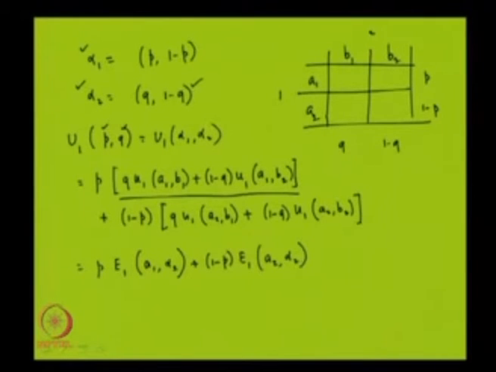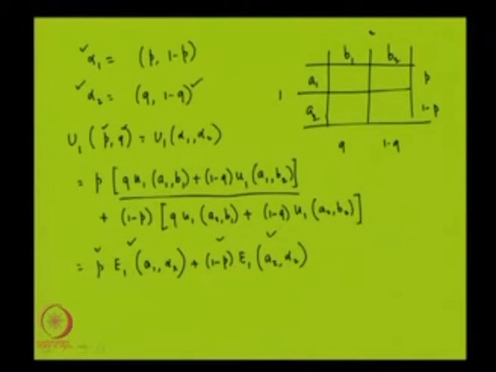So, this is the expected payoff to player 1, which is once again a weighted average, the weights being P and 1 minus P. It is a weighted average of two expected payoffs, this E1 and this E1.